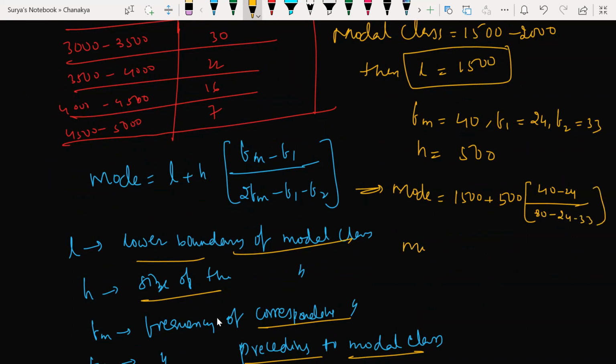Tell me, what is the mode? How much do you get? 57 is the denominator, 23, isn't it? Am I correct?